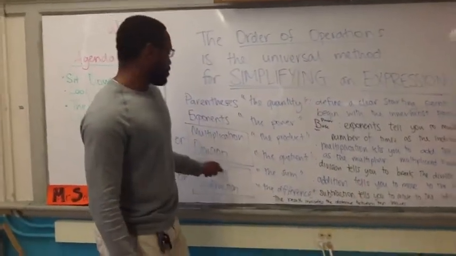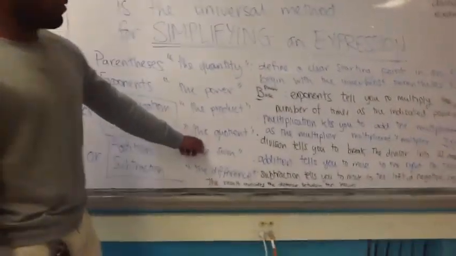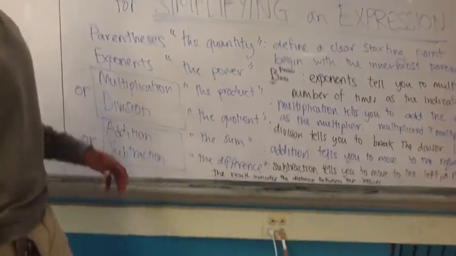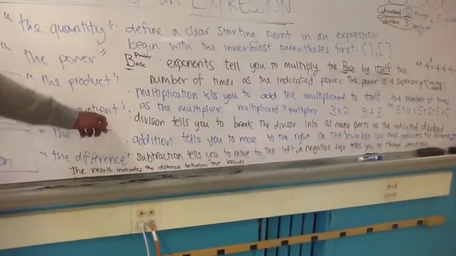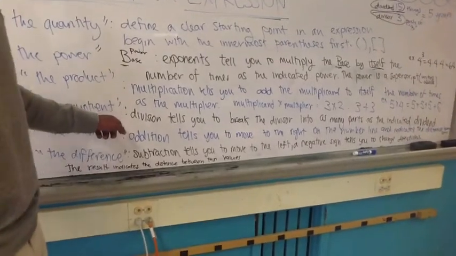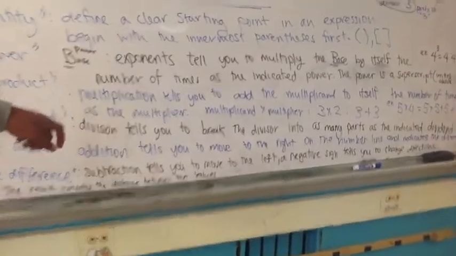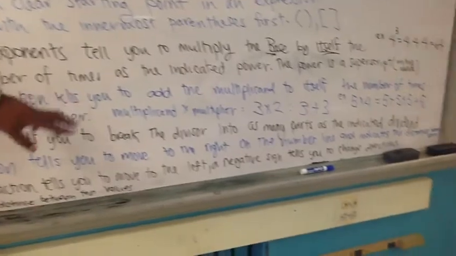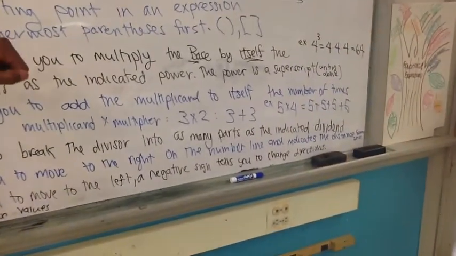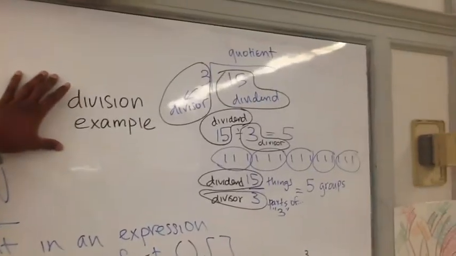The key word associated with division is the quotient. The students understand division as breaking some quantity up into parts, but here we have some more technical vocabulary which tells us that division has me break the dividend into as many groups as the indicated divisor. Here we have division represented in a couple different ways.